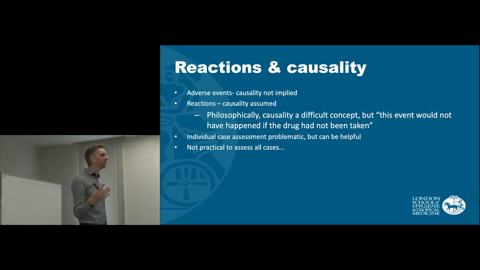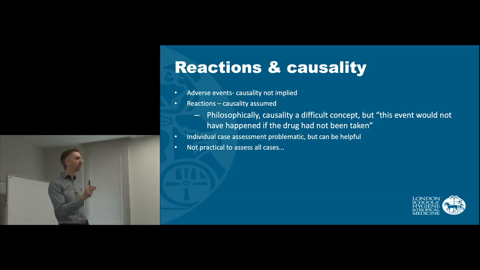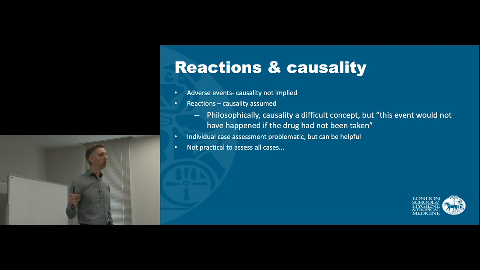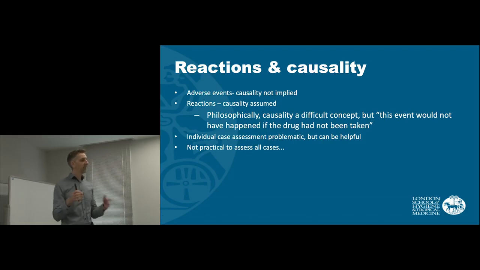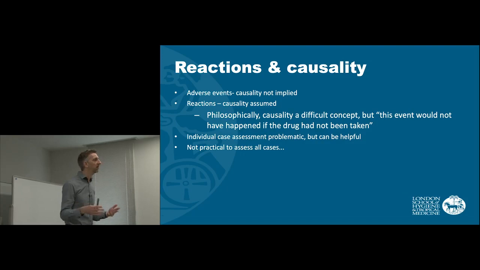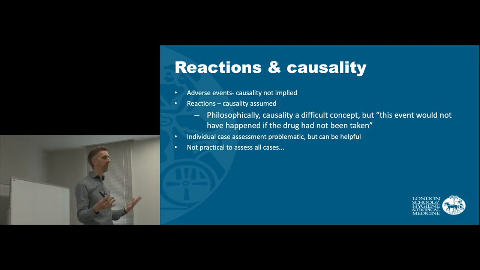Because we only want people to tell us about it if they suspect that there's a causal relationship and that the medication itself caused the harmful event. So philosophically, causality is actually a really tricky subject, but we're simply asking people to make this decision about whether or not this was causal.